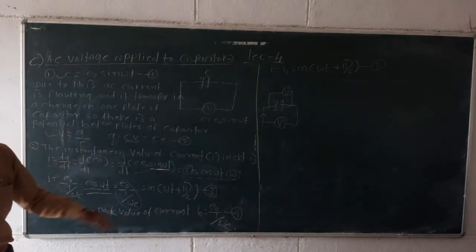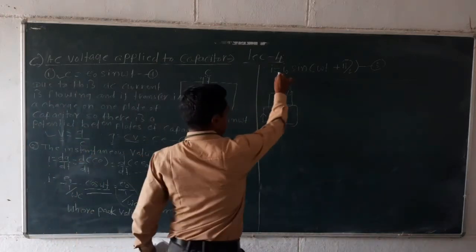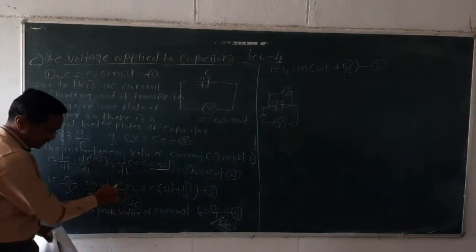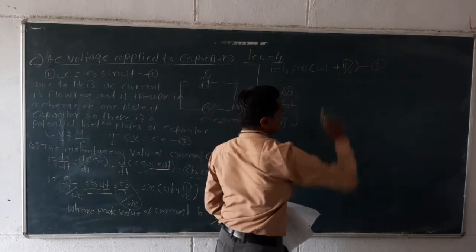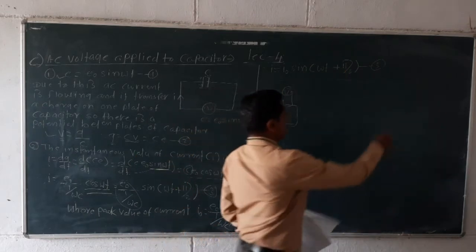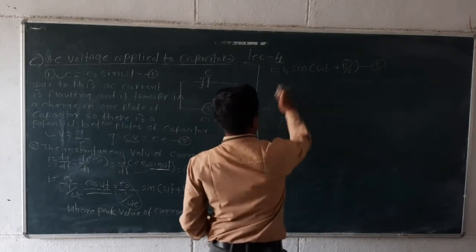What this point? Therefore I is equal to, याच्याबद्दल काय लिहिलं आपण आता, I naught sin omega t plus pi by 2, equation number 5.